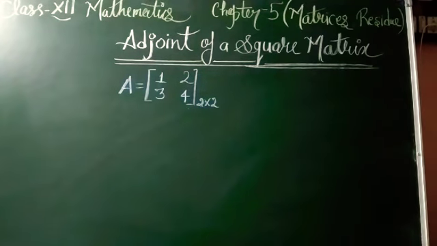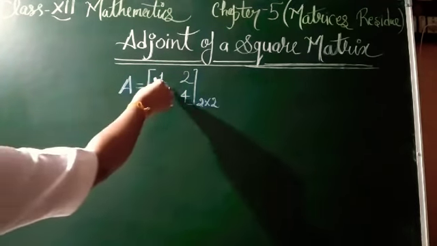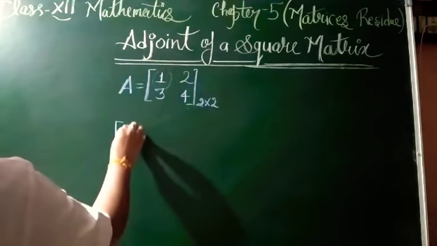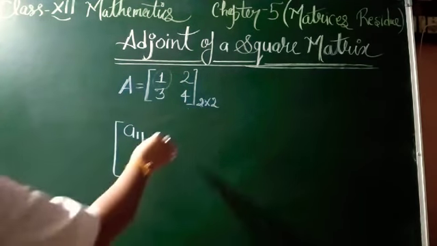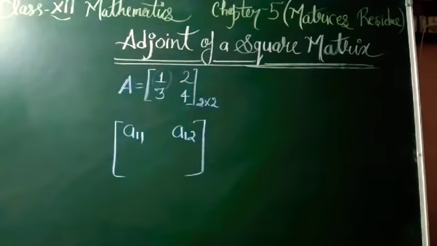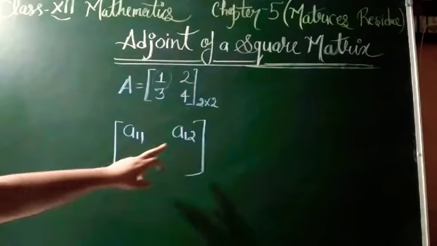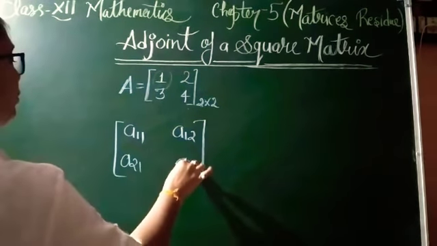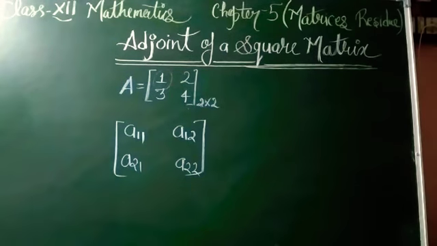First we find the cofactor of 1, that means A11. After that we find the cofactor of the second element, then 2 1 and 2 2. First we find the cofactor of each element.